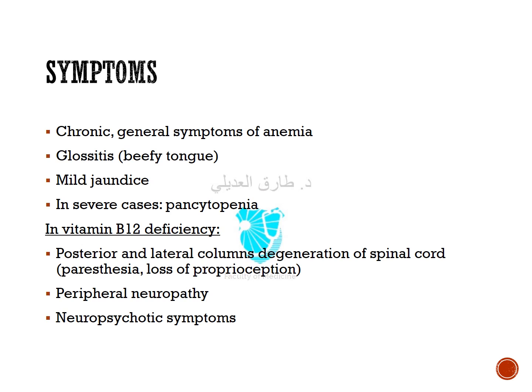In vitamin B12 deficiency, remember في عندنا neuronal symptoms is important. والcharacteristic في spinal cord يصير عندنا damage للposterior and lateral columns. يصير فيهم degeneration نتيجة loss of myelin sheath. بالتالي patients they have loss of proprioception. They complain of paresthesia.